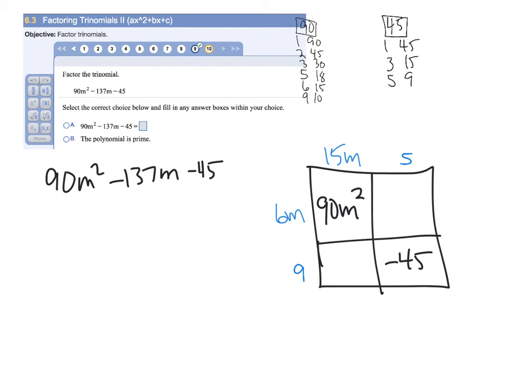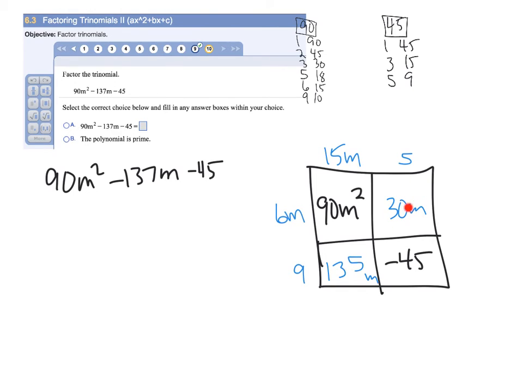And again, all of this is me just guessing with the 6 and the 15. So this is just a ton of guessing. So this is 30m, and this is 45, 435m.